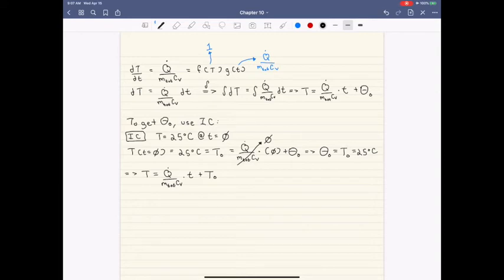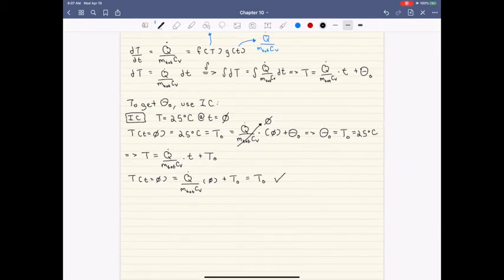Let's first check the initial condition. At time equal to 0, if we plug t equal to 0 into our equation, we multiply this first term by 0, and then we add on T naught. What we're left with is just T naught, so it satisfies our initial condition.